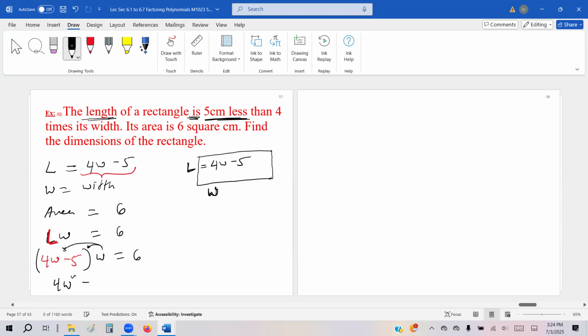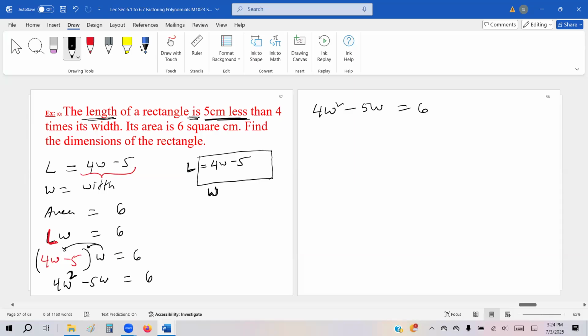So 4W squared minus 5W equals 6. Definitely it's a quadratic because our highest degree is 2.